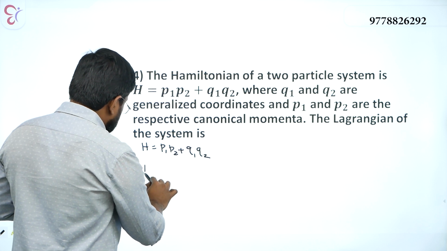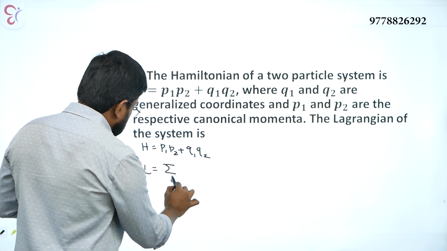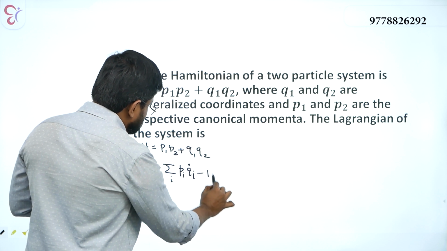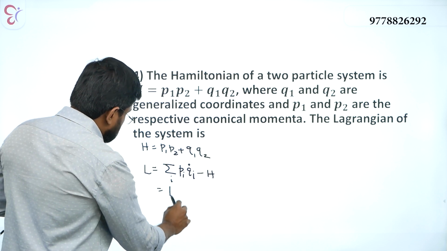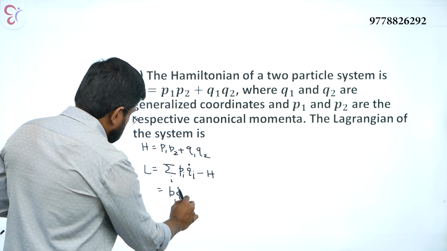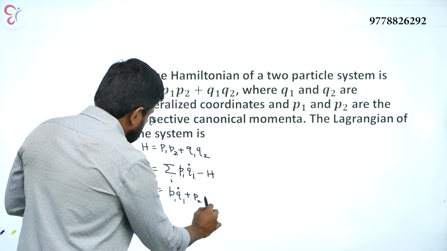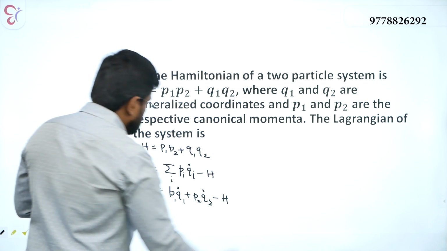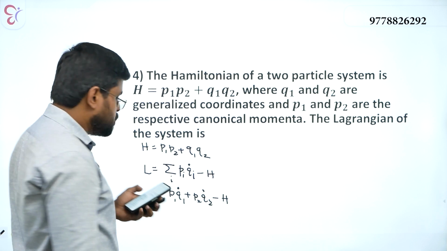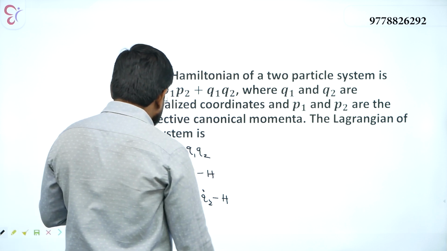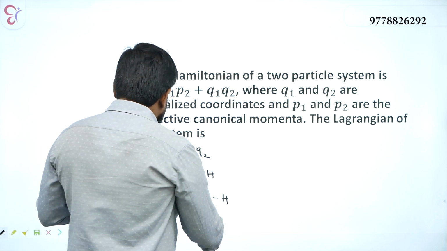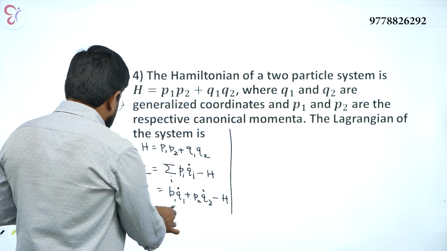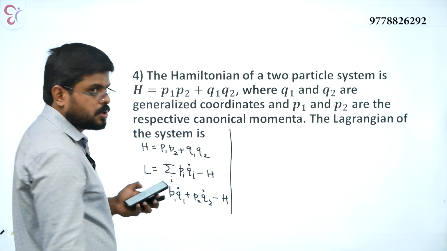L is equal to summation over i of Pi Qi dot minus H. So that is P1 Q1 dot plus P2 Q2 dot minus H, isn't it? So then you have to find Q1 dot and Q2 dot, isn't it?